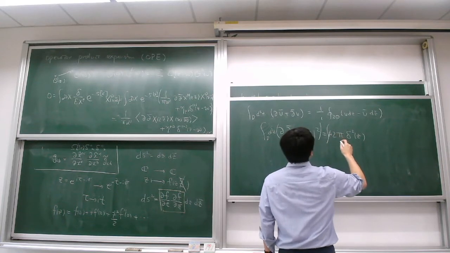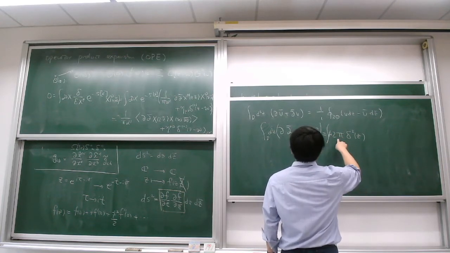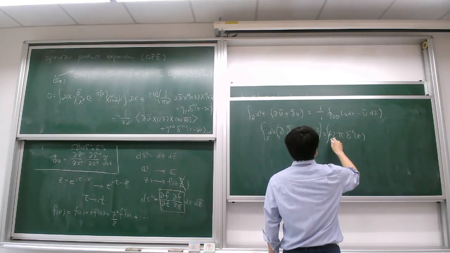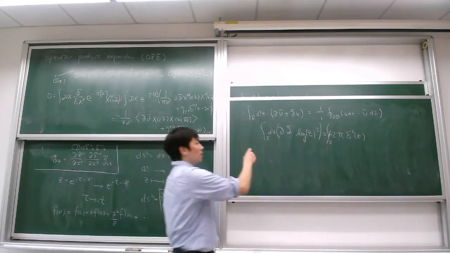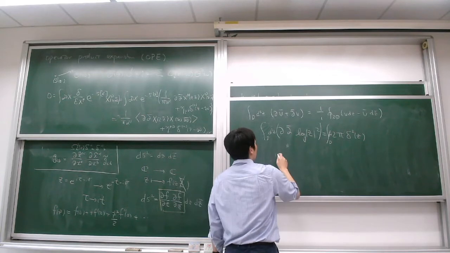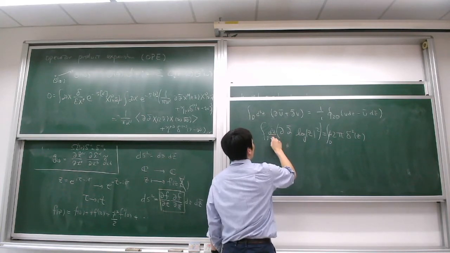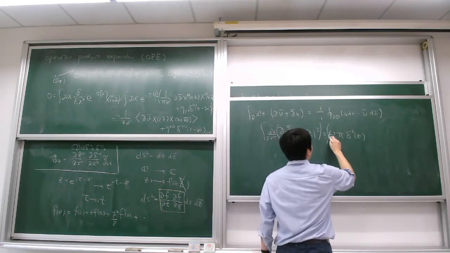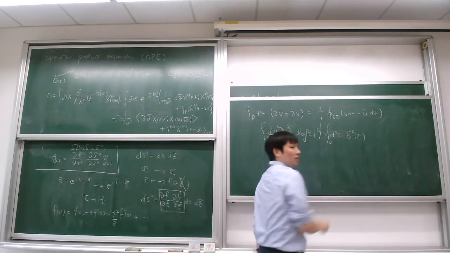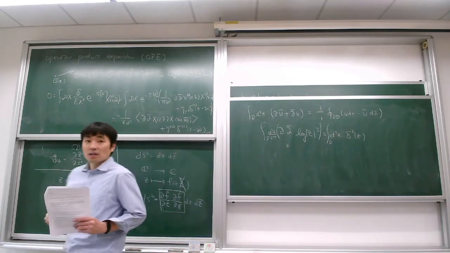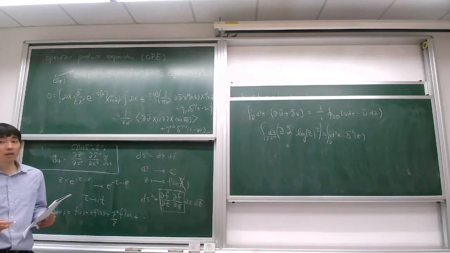I think I need to include the 2π here. Anyway, if you apply the same thing, the left-hand side is just Stokes' theorem. The 2π cancels, so you get d²z.